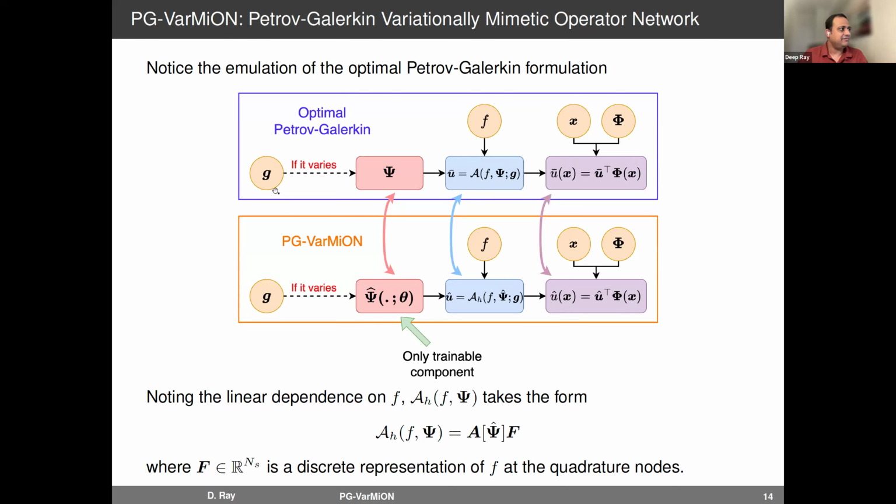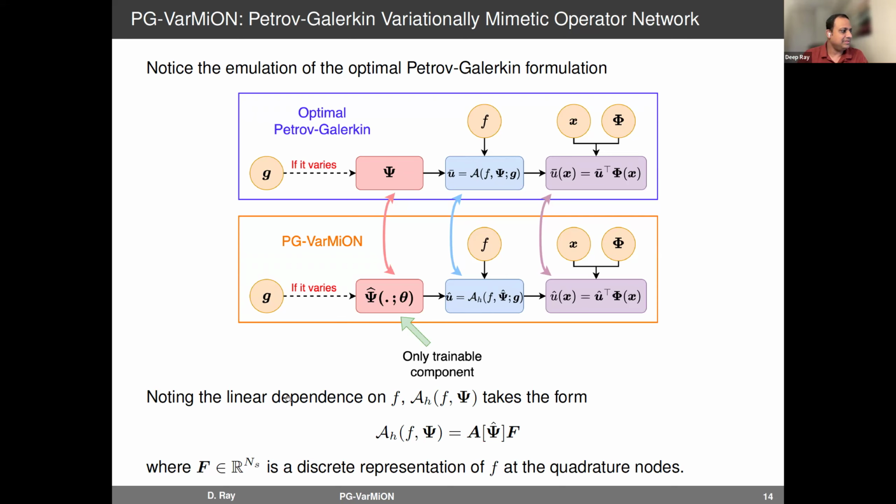And of course, if your parameterization g varies, then the psi would also depend on g. So what we would do is this network psi hat will also be fed g as an input if the g actually varies in your problem. Okay, so the bottom is our PG-VarMiON, the top is our optimal Petrov-Galerkin formulation.